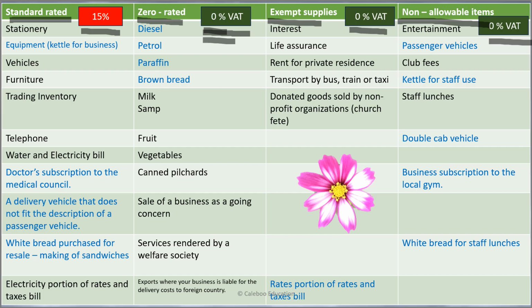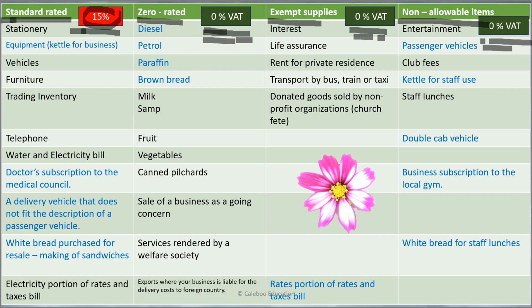These three categories, zero rated, exempt supplies, and non-allowable items, there is 0% VAT. You only calculate VAT, input VAT and output VAT on standard rated items. And there, standard rated items in our country, the rate is 15%.